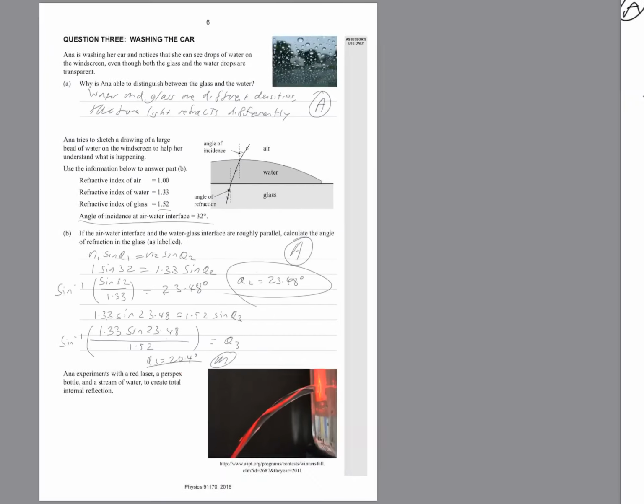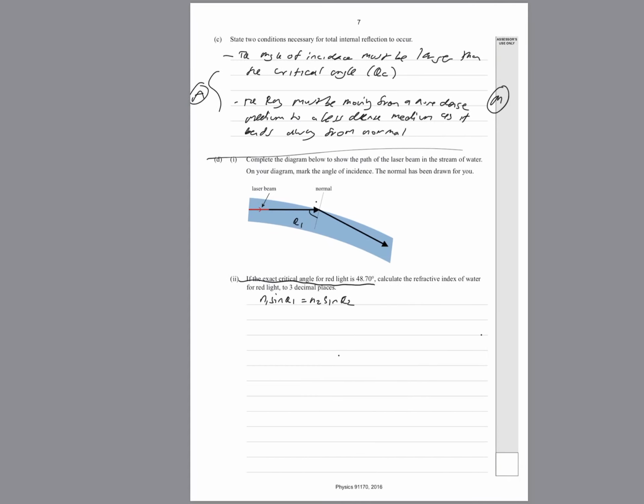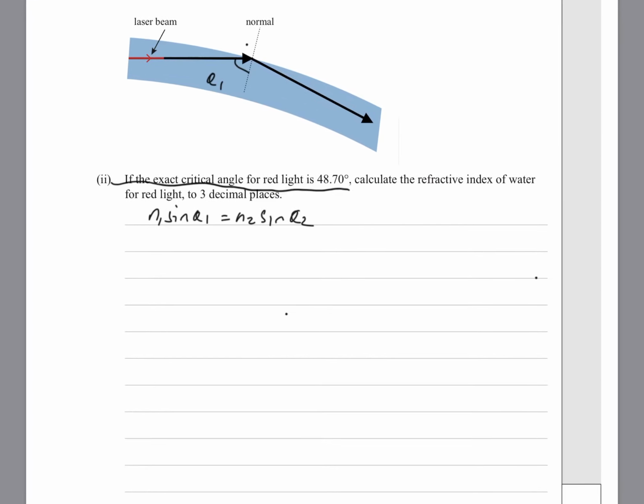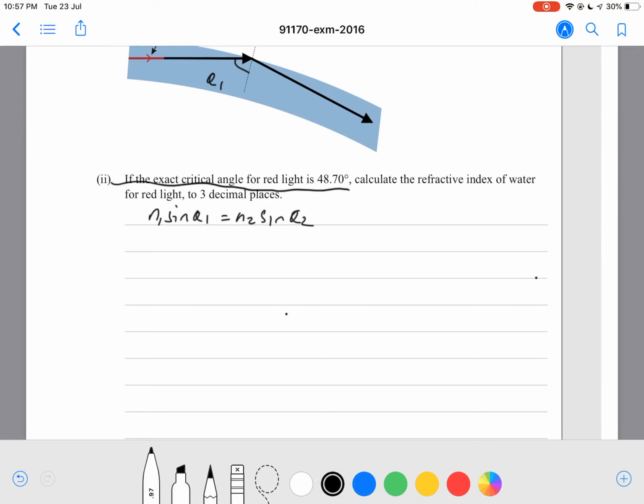We know that the refractive index of air is 1, okay? So we know that it's traveling from the more dense medium to the less dense medium, so it must be traveling into the air, okay? So we're going to say that n1 we don't know, because it's traveling from a more dense medium. We're trying to find that refractive index.